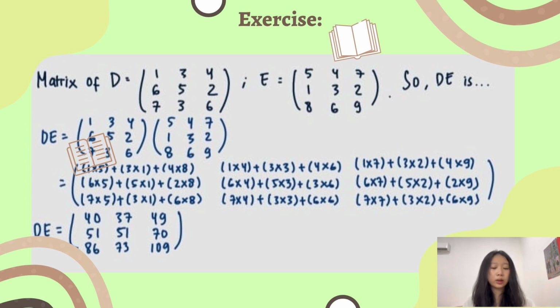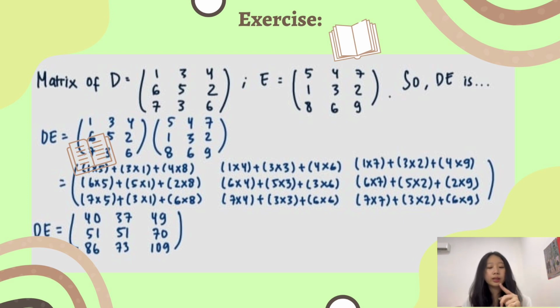For the D, it was 6 times 5 plus 5 times 1 plus 2 times 8. For the E, it was 6 times 4 plus 5 times 3 plus 3 times 6. For the F, it was 6 times 7 plus 5 times 2 plus 2 times 9.